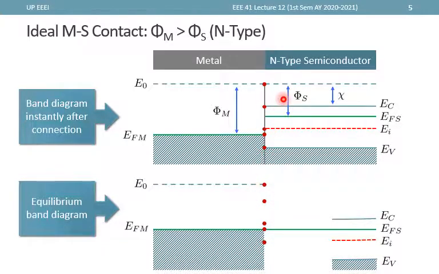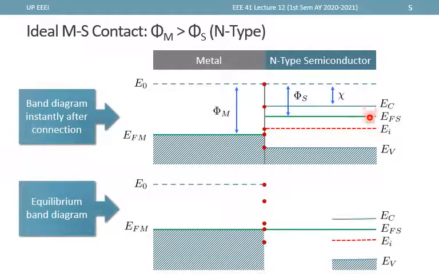Now, the charges will transfer from one side to another, but the charges will eventually stop transferring, and far from the junction or the contact, the N-type semiconductor will retain its original energy level differences relative to the Fermi level.